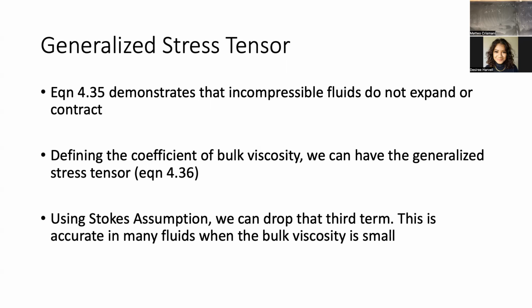Sometimes you'll see mu, that's a version of viscosity, or sometimes you'll see bulk viscosity, and Stokes was like, I bet that's 0. So Stokes' assumption says that it is 0 to first order. And that's a pretty good assumption.